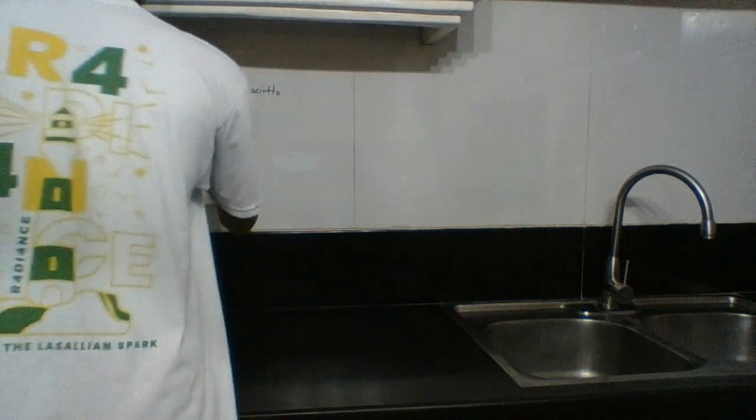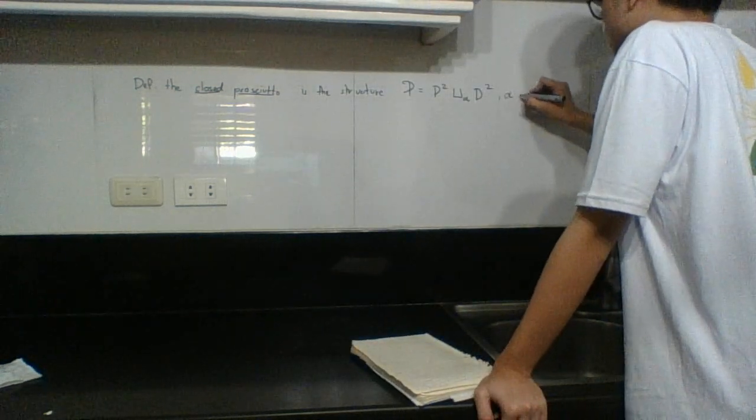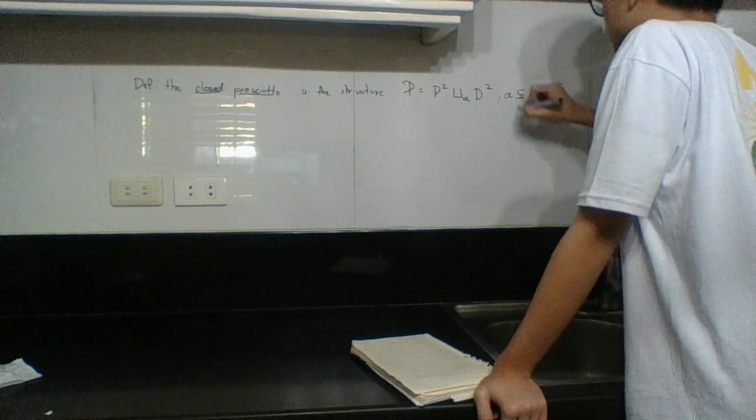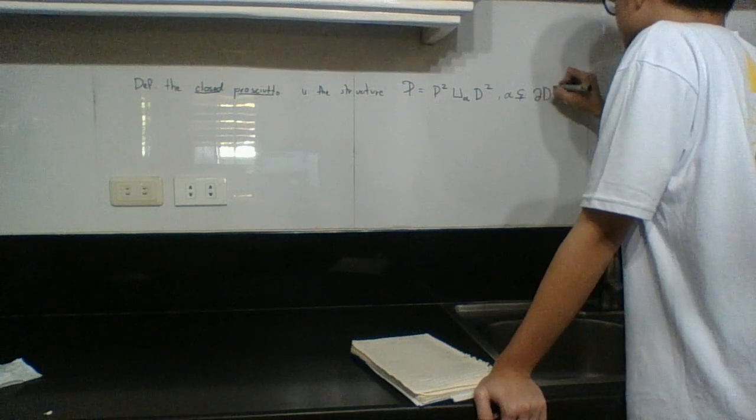The closed prosciutto is the structure math calc P equal to the gluing of two closed disks along a boundary or a subset of the boundary alpha. So D2 glued to D2 along a subset alpha such that the subset alpha is a subset but not the entirety of the boundary of D2.